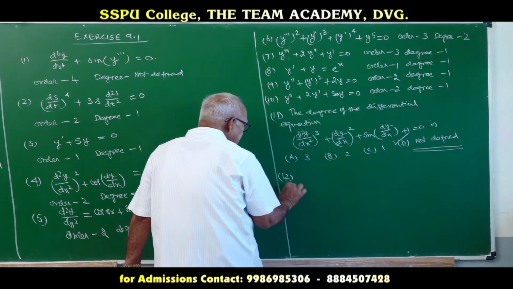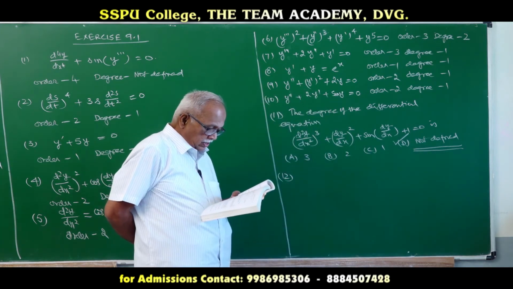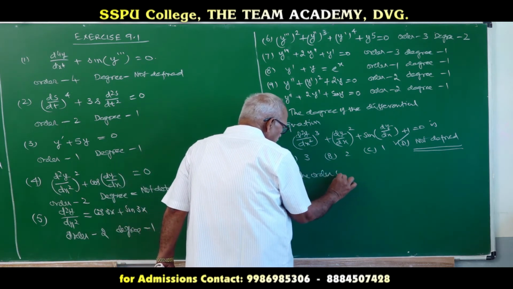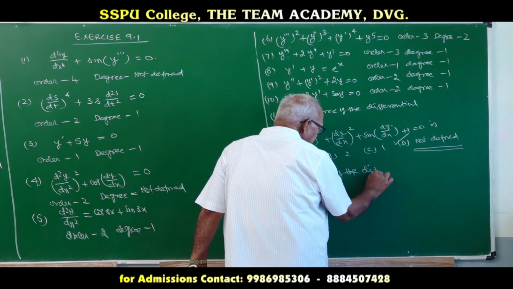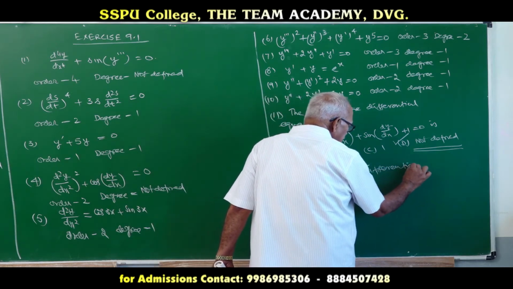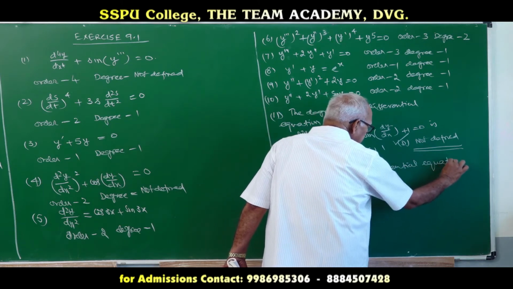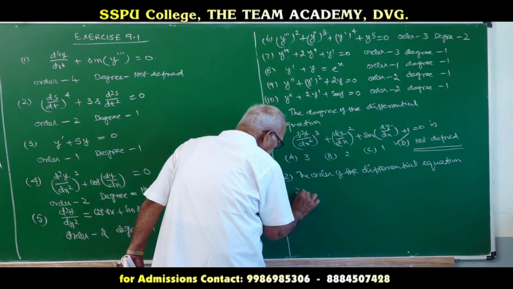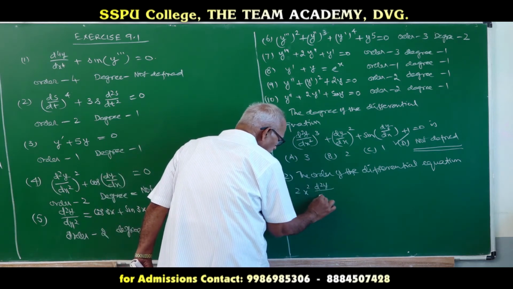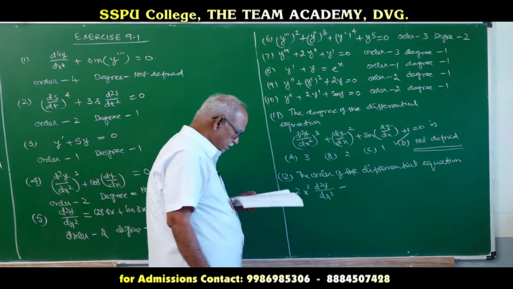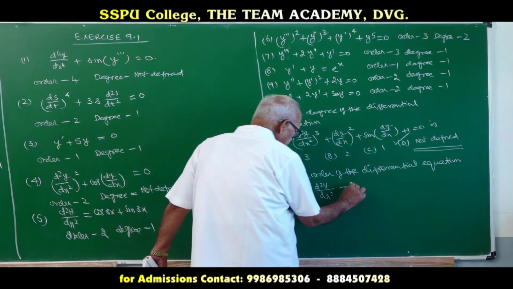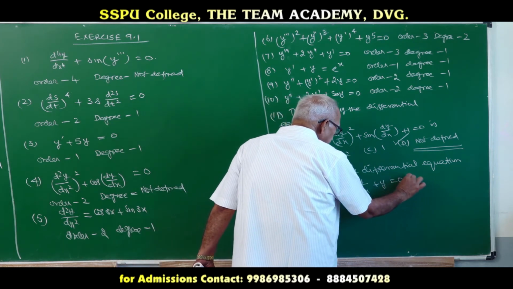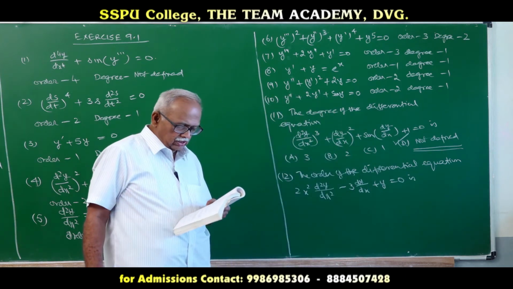Now let us take the next question. The order of the differential equation: 2x square d square y by dx square minus 3 dy by dx plus y is equal to 0.